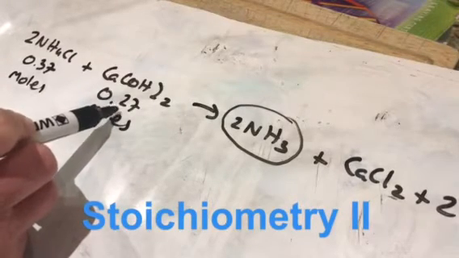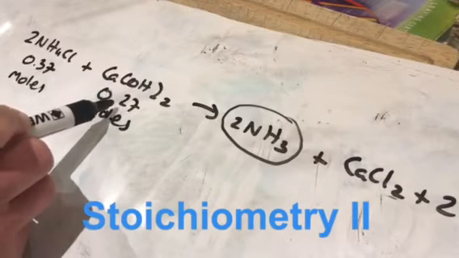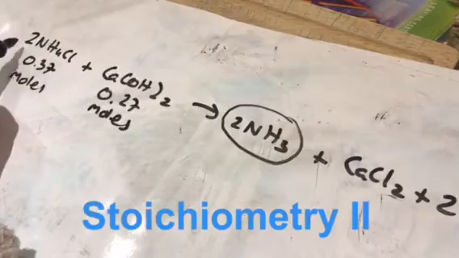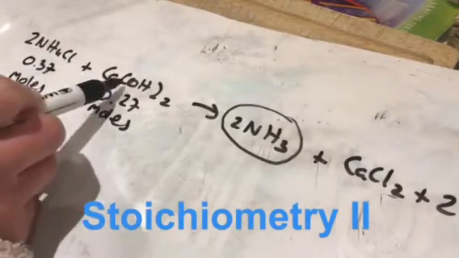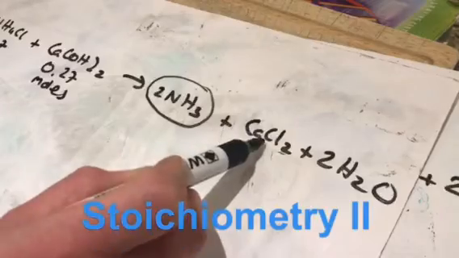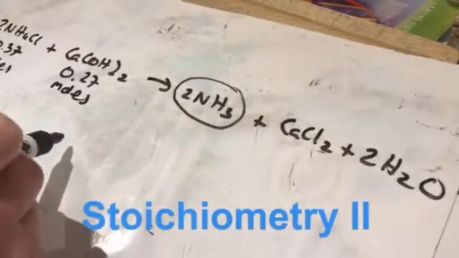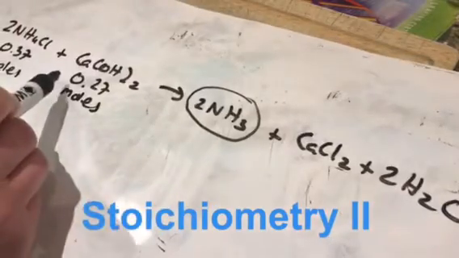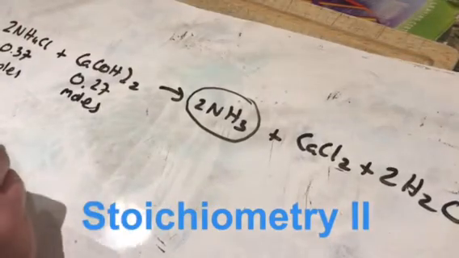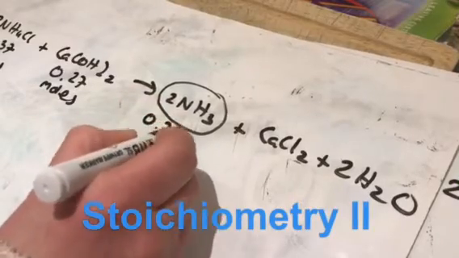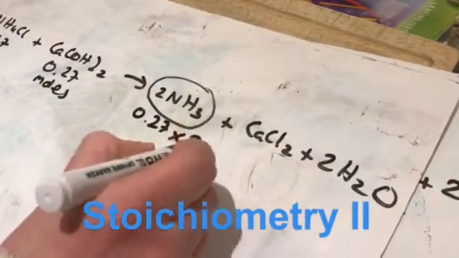We're looking at the balanced equation here: we've got 2 of these, 1 of these, 2 ammonia, 1 calcium chloride and 2 waters. The only thing we're really worried about here is your 2 ammonias. So if you've got 0.27 moles of calcium hydroxide, you have 0.27 moles of your product multiplied by 2.